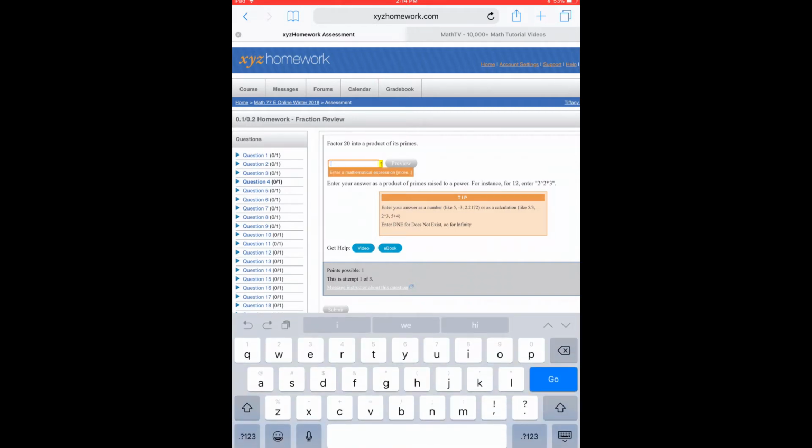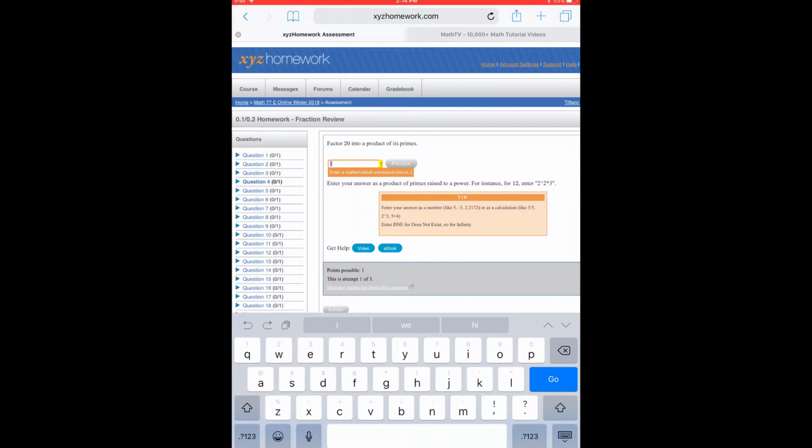If we look at the advice they give us for entering our answer, it tells us that we should raise primes to a power. So for example, 12, we would enter 2 to the second power times 3 instead of 2 times 2 times 3. So our answer is 2 times 2 times 5, so we need to enter that.